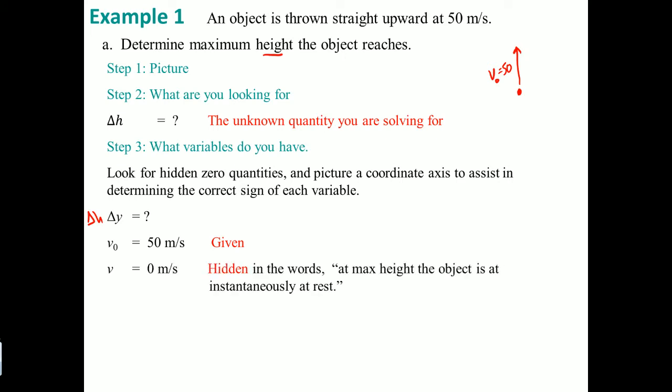V is equal to 0 because it is hidden in the words at max height. The object is at instantaneous rest. Remember, when it's at its peak maximum height, v equals 0. We should see that in the picture from before. Then g is 10 meters per second squared. The hardest part about this is making sure you get all the variables together.